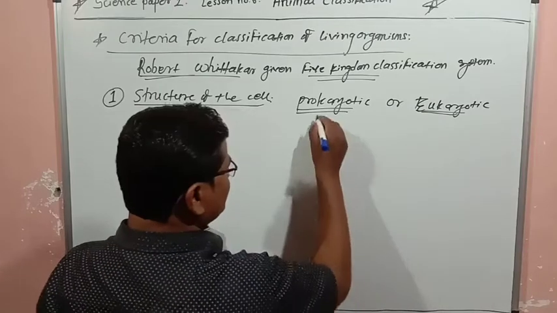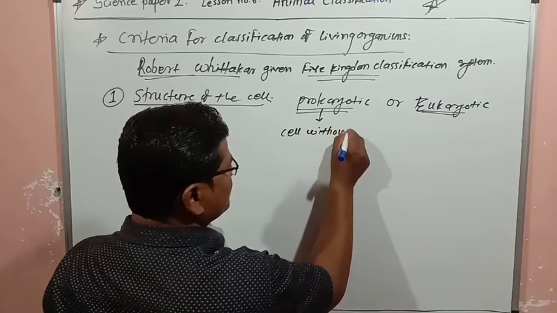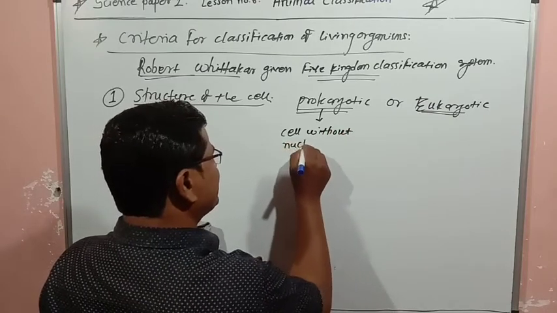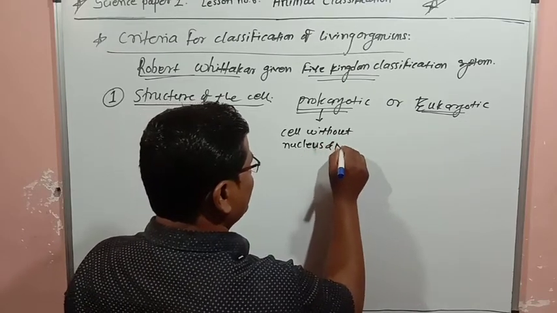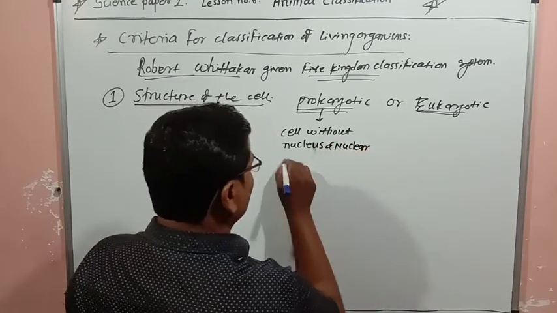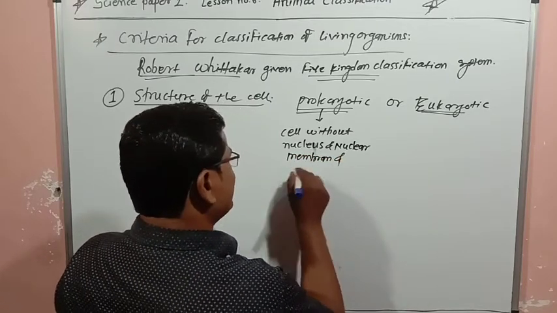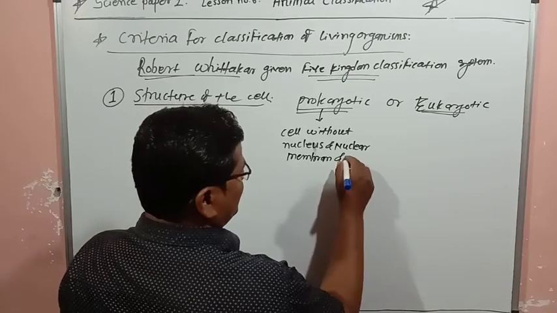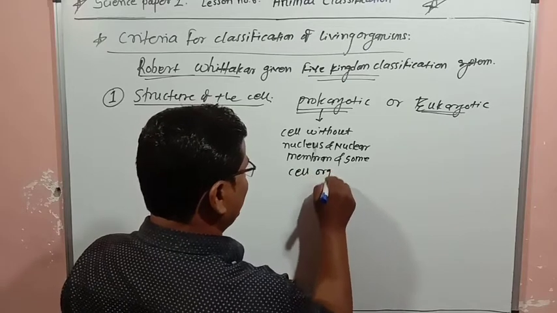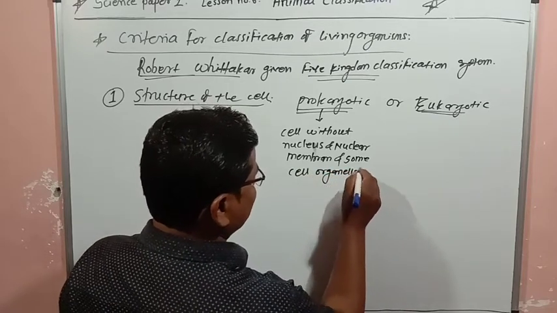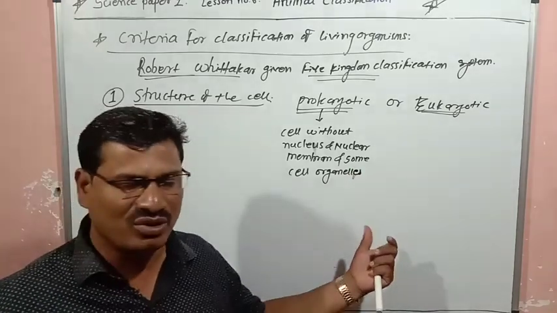So a prokaryotic cell is a cell without a nucleus and nuclear membrane, and some cell organelles are also not present there.